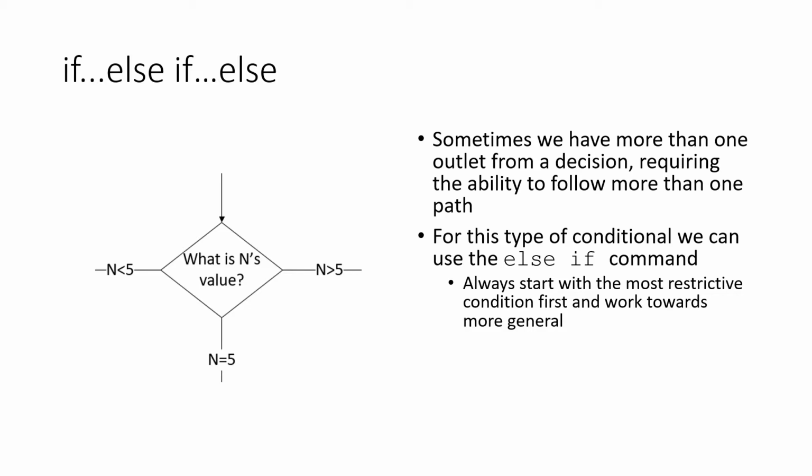Now it's important to note that you want to put the most restrictive item first. The reason for this is that the first else if or if that's true is the one that's going to run. So in other words, if you say n is not equal to 5 is the first one in this case, the less than or the greater than case will fall forward.